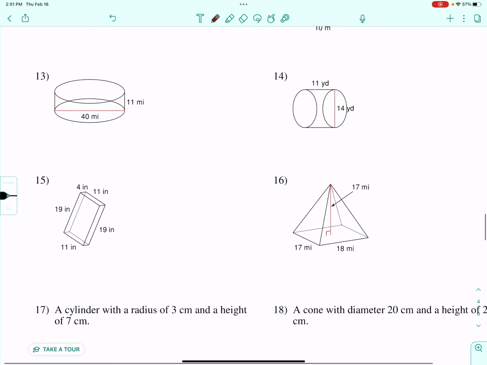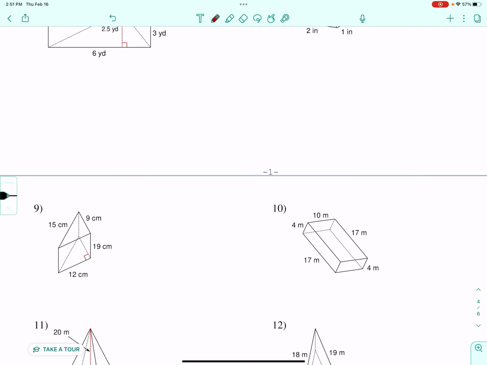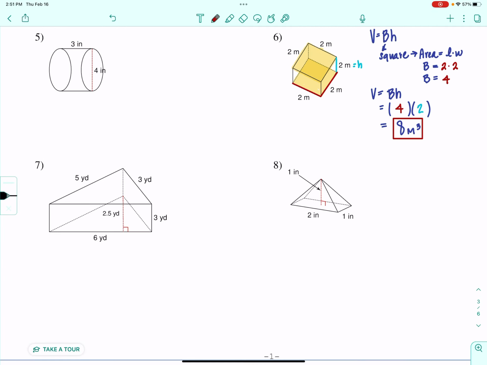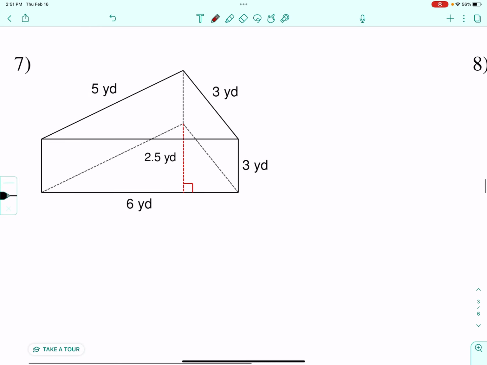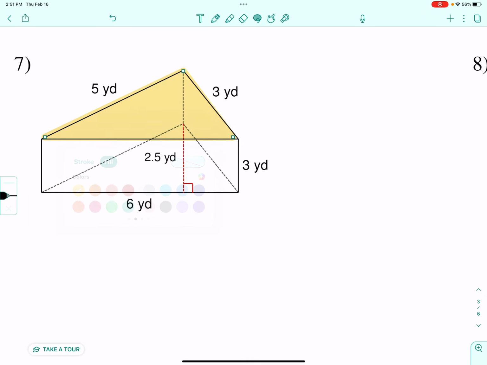I was looking to see if we had a more interesting prism. Here is another triangular prism. We can go to this one. First thing I'm going to do is identify my bases. So there's one on the top.